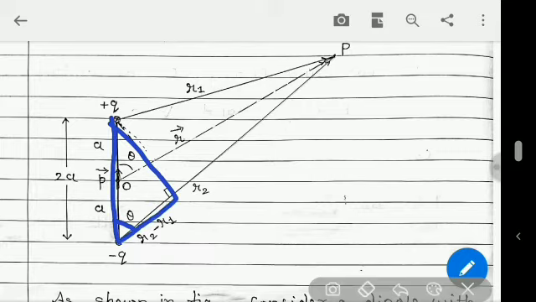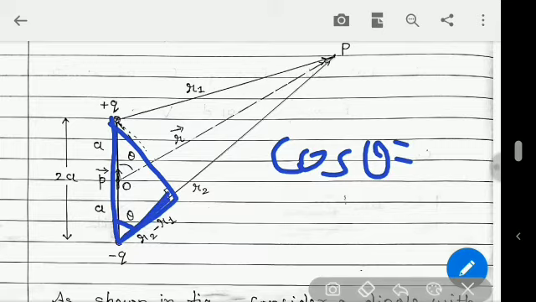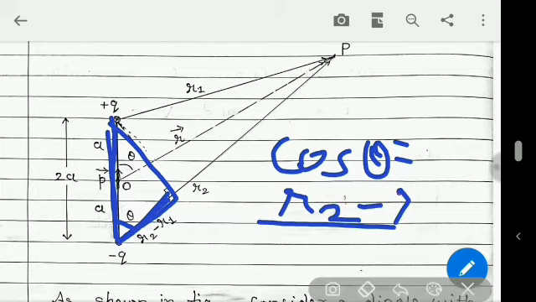and in this triangle if we take cos theta, then it will be adjacent upon hypotenuse. So cos theta is equal to the adjacent side, which is r2 minus r1, and the hypotenuse is twice of a.